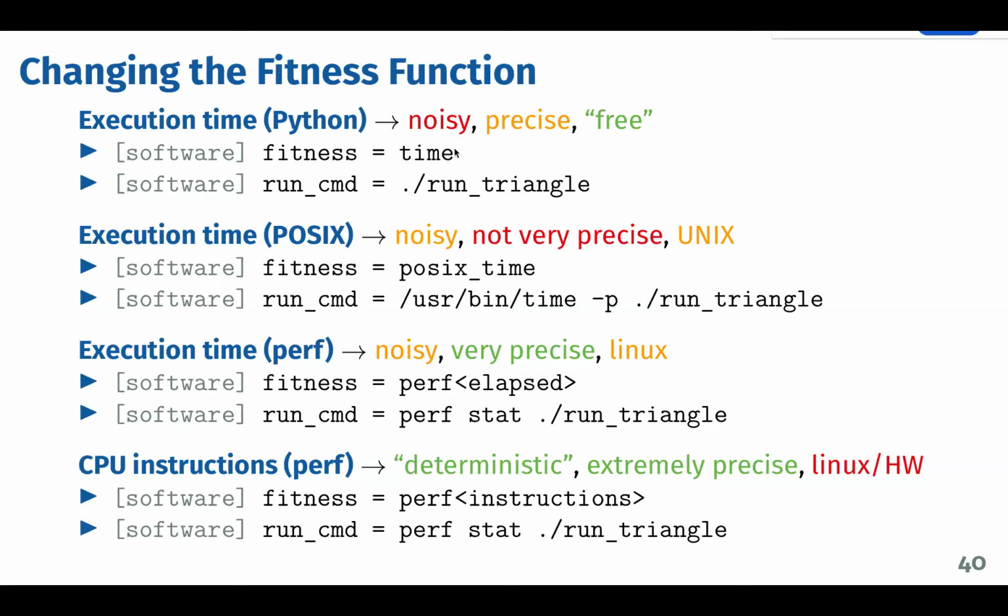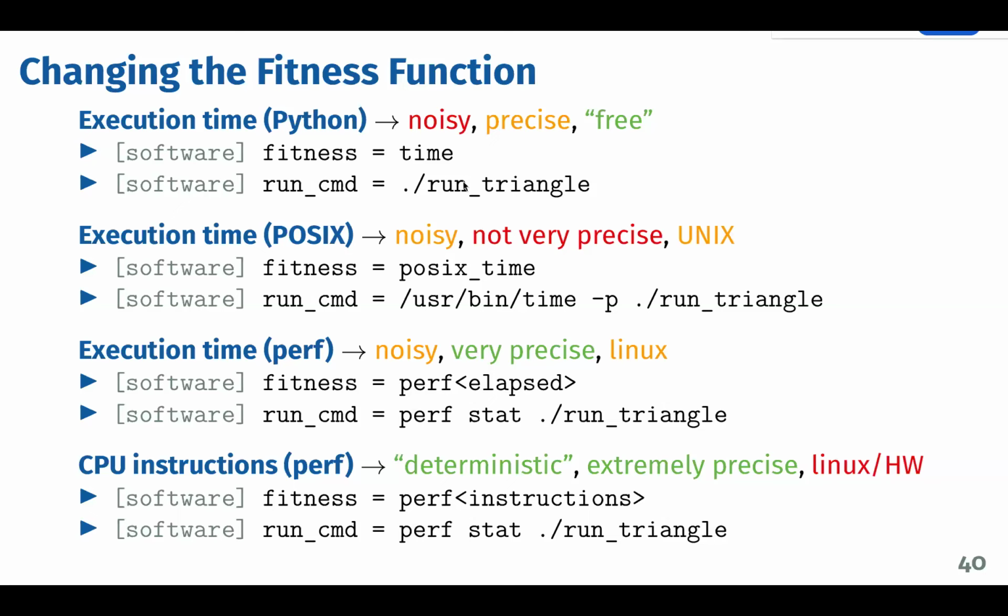So yeah, you can change the fitness function from time to POSIX time to perf by changing the scenario file and adapting which command to run. So if you want to run, for example, perf, you will need to change run triangle to perf stat run triangle so that there are the right elements in your standard error so that Magpie can read that.